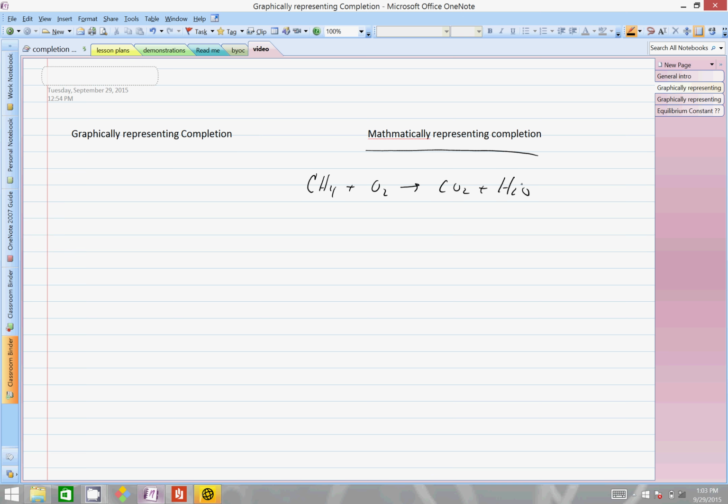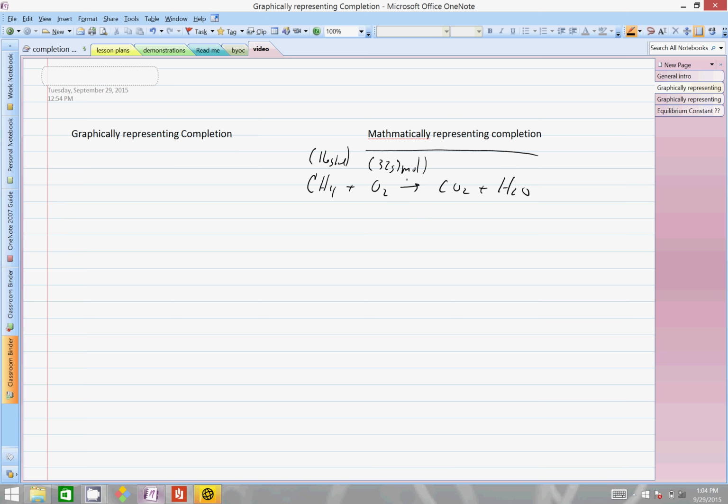Let's pick some nicer numbers here. The molar mass of methane is 12 plus 4, that's 16 grams per mole, and oxygen is 32 grams per mole.